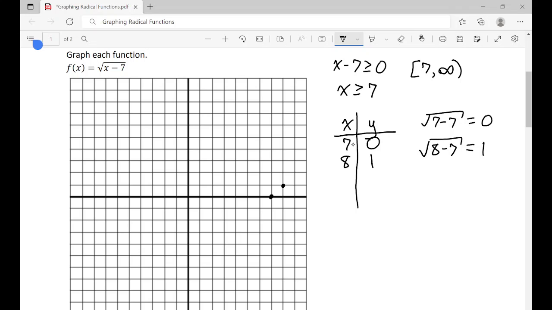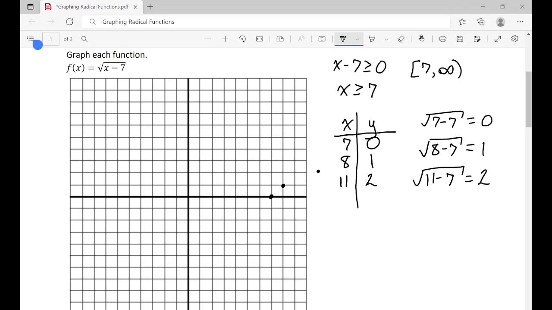Then I need to pick something that's 4 more than 7, so I'm going to pick 11. When I plug it in, I get 11 minus 7, which is the square root of 4, which gives me 2. So I have 11, 2, and it's a little bit off the graph, but we'll just imagine it's there.